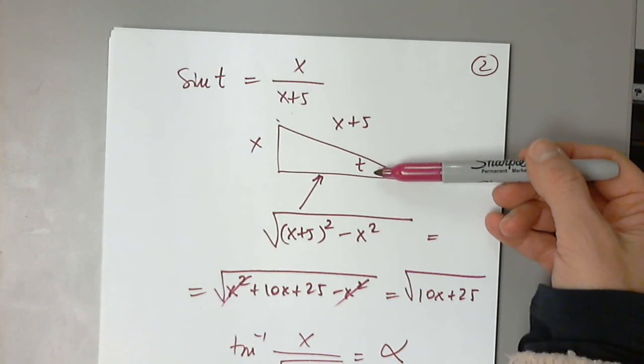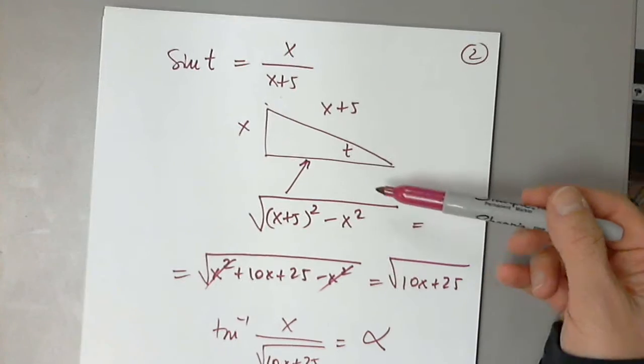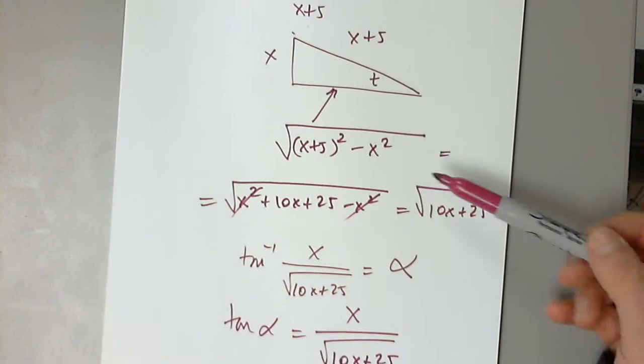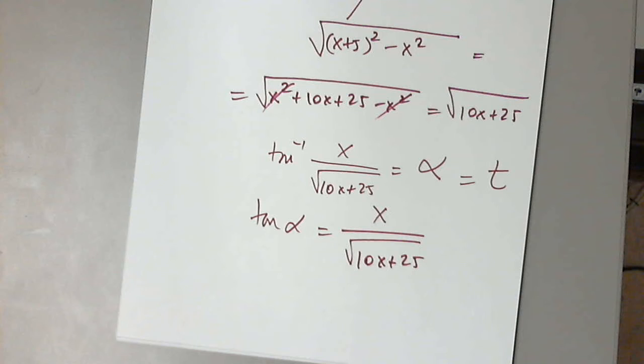But this is nothing else but angle t, because tangent is the opposite over the adjacent, which is this. So this cannot be anything else but t. So that's the answer.